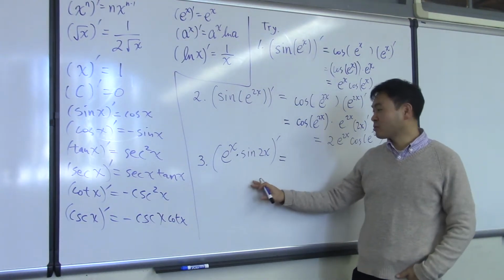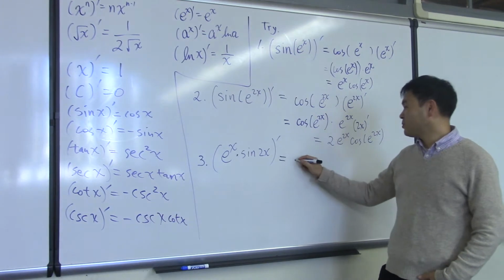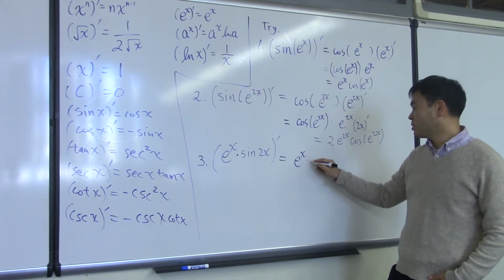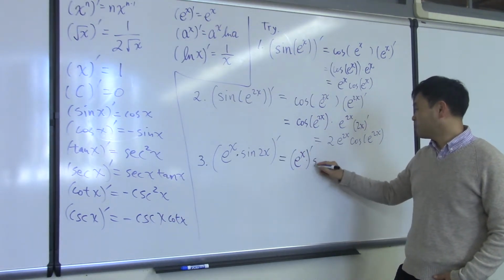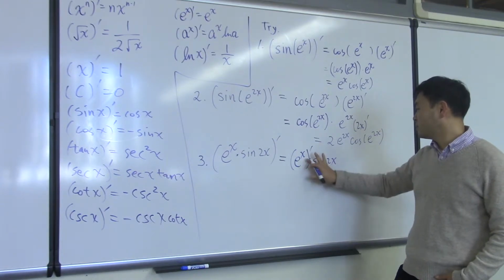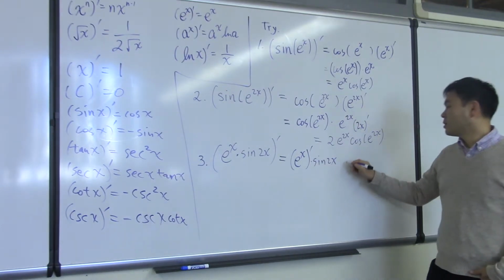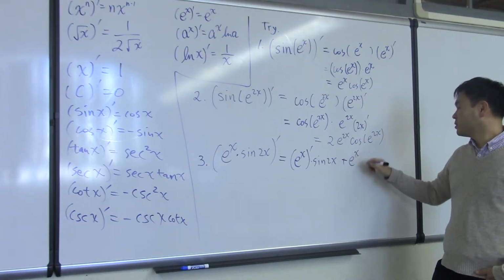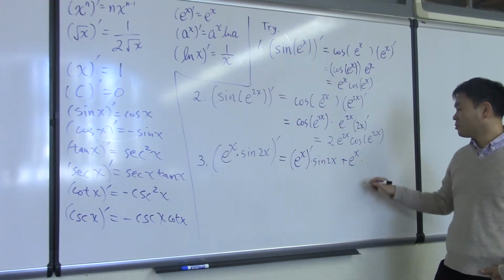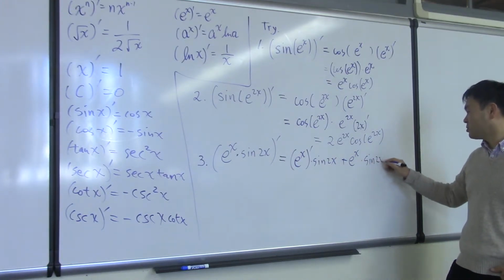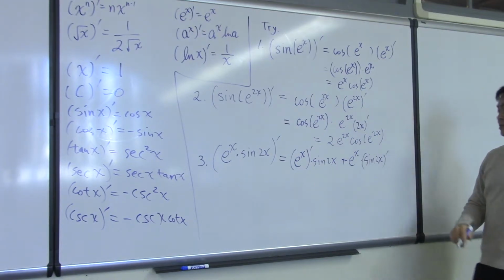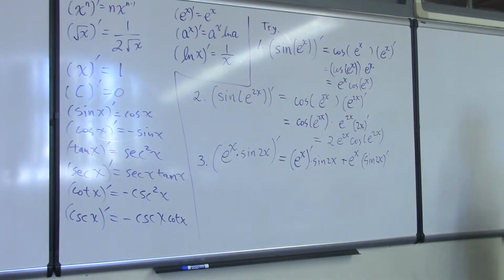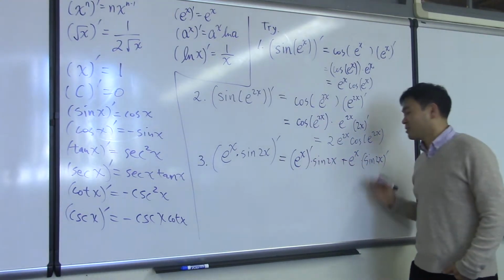You must use the product rule, which says differentiate only one of them, multiply the other one, plus leave the first thing that you differentiated and differentiate the other one you did not differentiate. So that each individual function gets a hit.